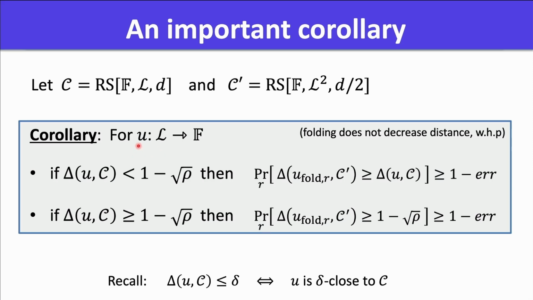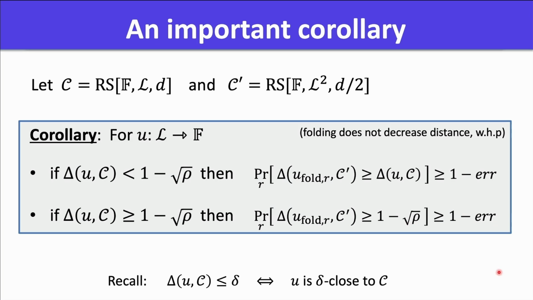It means that if you give me an arbitrary function from L to F, if this function happens to be within the Johnson bound of the code, then the distance of the folding function to the compressed code is not going to be smaller than the distance of the original function from the original code, again with very high probability. And if the word happens to be above the Johnson bound, then the folded word is not going to go below the Johnson bound with very high probability.